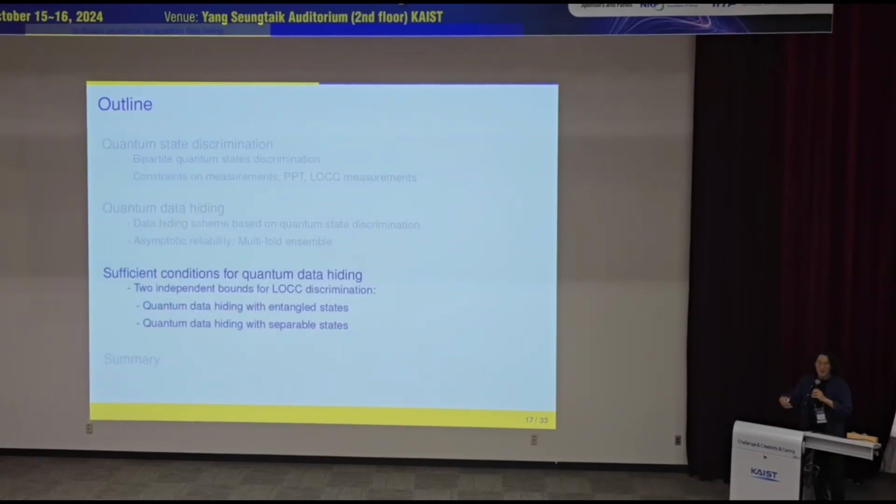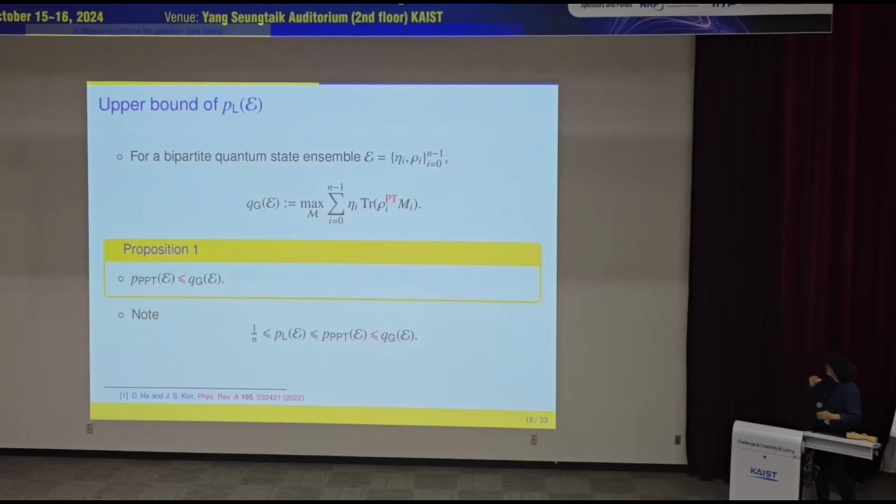So now we need to think about in which case this condition will be satisfied. The first thing, we'll think about a bound of PR, which is called QG of epsilon, which is defined like this.